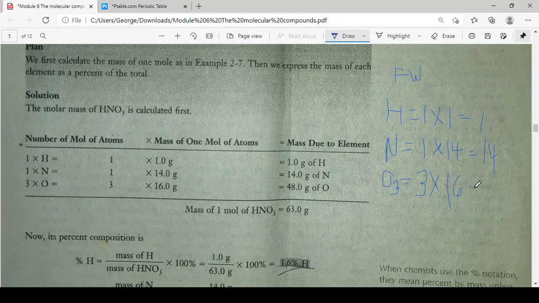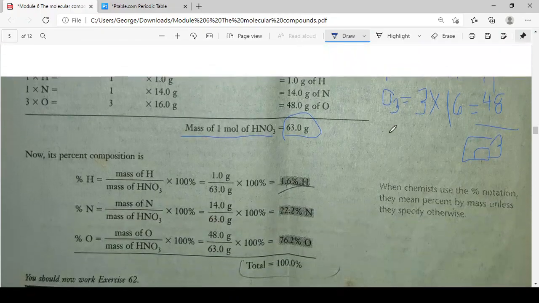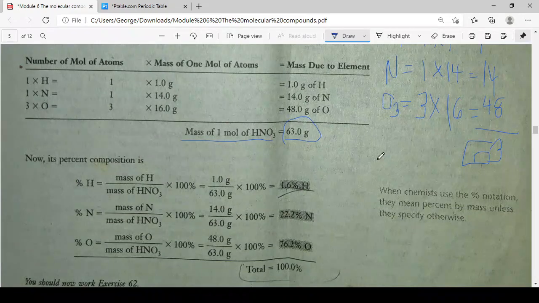And 3 times 16 is equal to 48. You should always find this first. And you now have your formula weight, or the mass of 1 mole of HNO3, equal to 63 grams. This is your formula weight. Whenever you are finding your percent composition, always find the formula weight first.